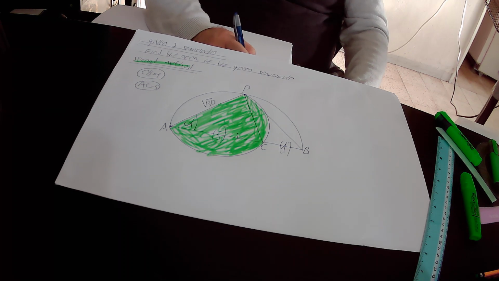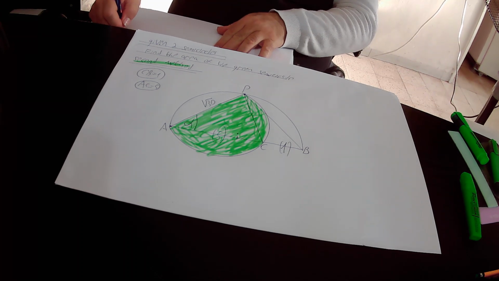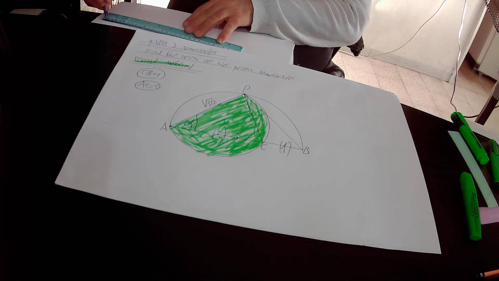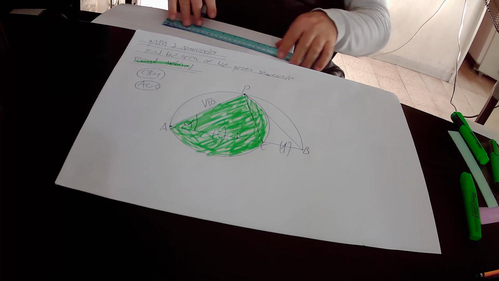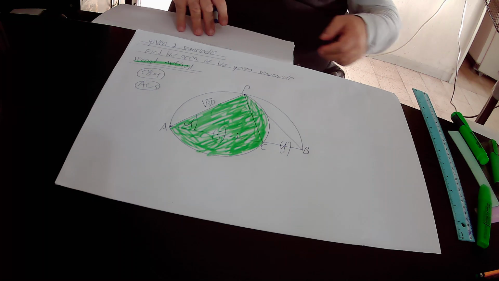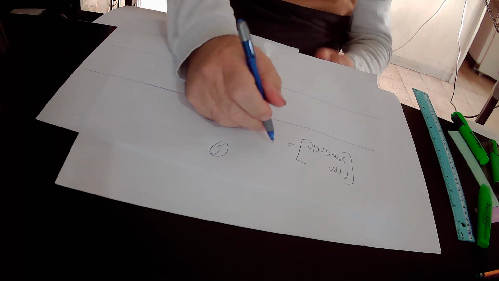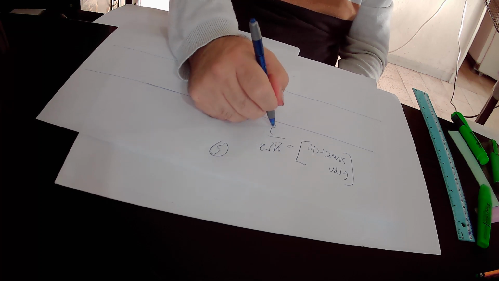The area of this green semicircle equals pi r square over 2.